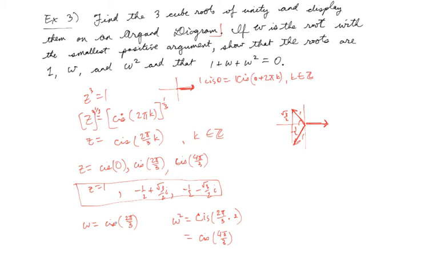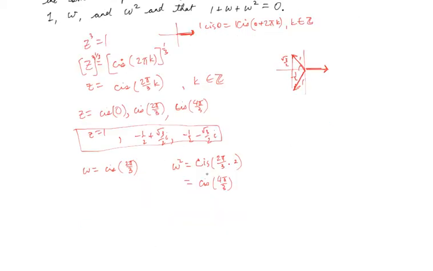All right, so how do I do that? I could add these, but that wouldn't help me too much. So let's add the Cartesian ones. So then we can say 1 plus w plus w squared would be the same as 1 plus w, which was right here, minus 1 half plus root 3 over 2 i, plus w squared, which would just be this, minus 1 half minus root 3 over 2 i.